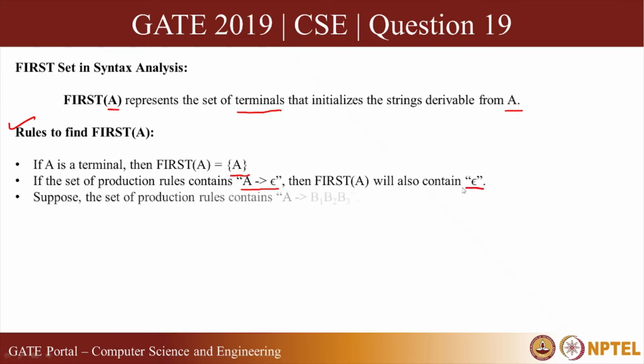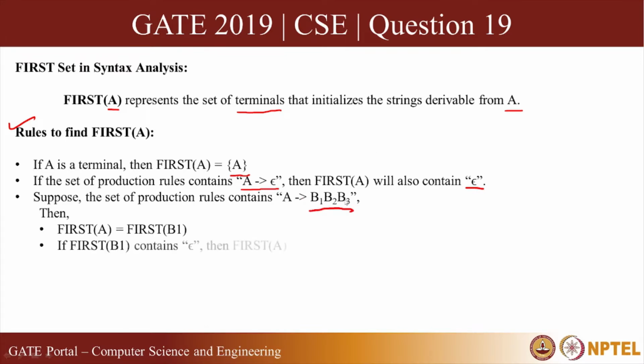Then suppose there is a production A goes to B1 B2 B3, where all of these and A are non-terminals. Then first of A will be first of B1, because we want to find the first terminal that will be generated from B1, B2 and B3.